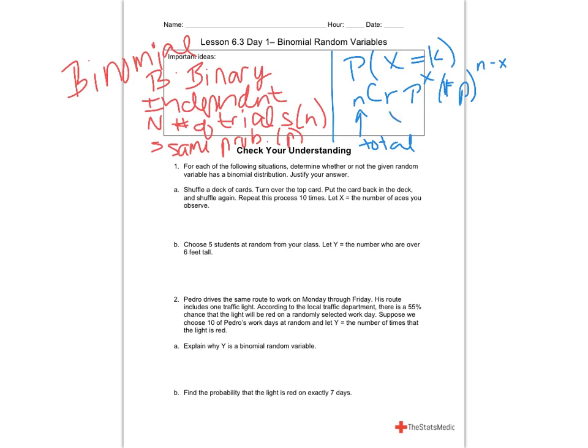R, in this case, I know that's how it looks in your calculator, but those are the X's, right? Those are the successes.